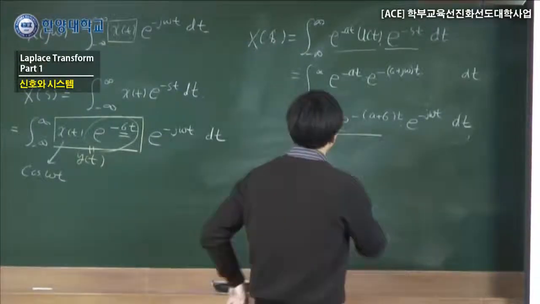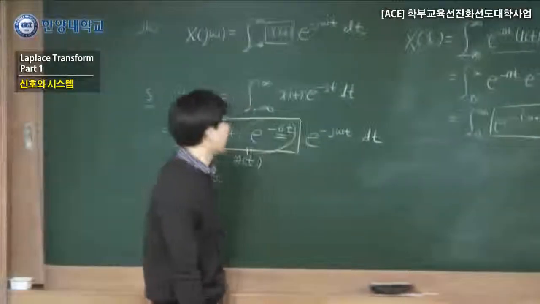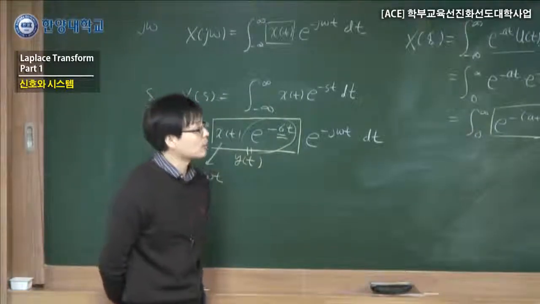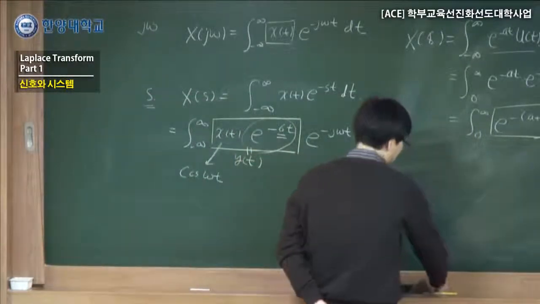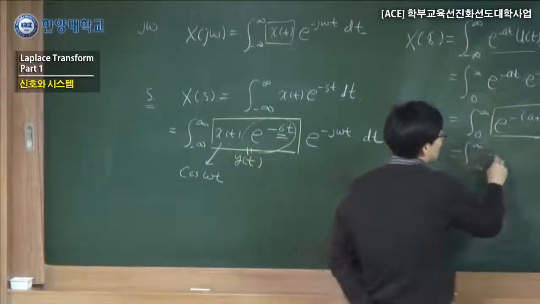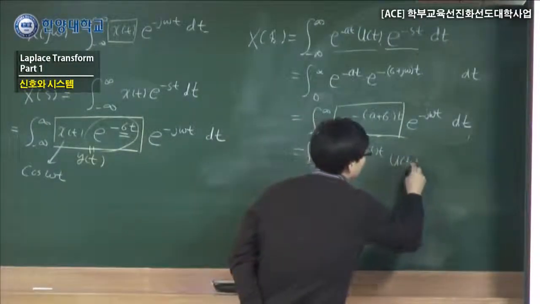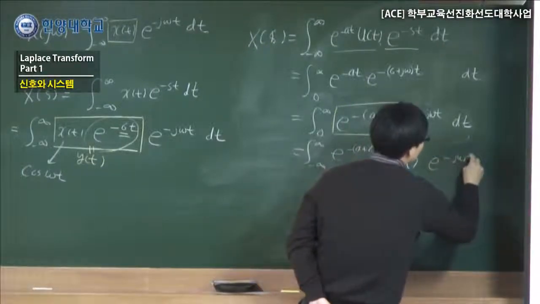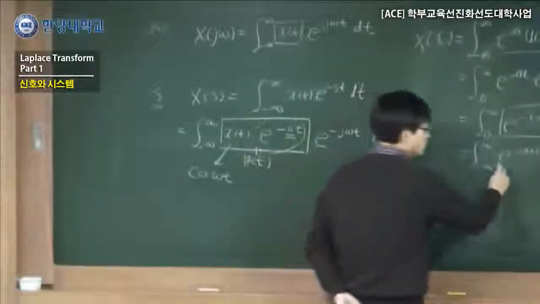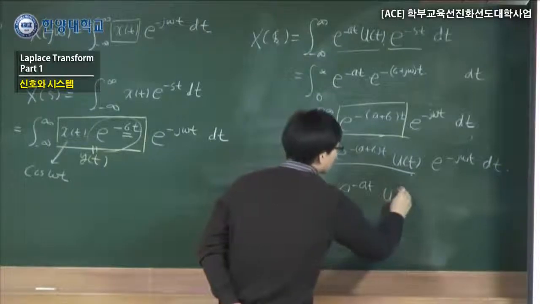Good. All right. So this is equivalent to that. We have this to be our Fourier transform. So if you remember the previous case, let's go back to this case. Minus infinity to infinite, e minus a plus delta t ut e minus j omega t dt. In our previous example, we have e minus at ut.